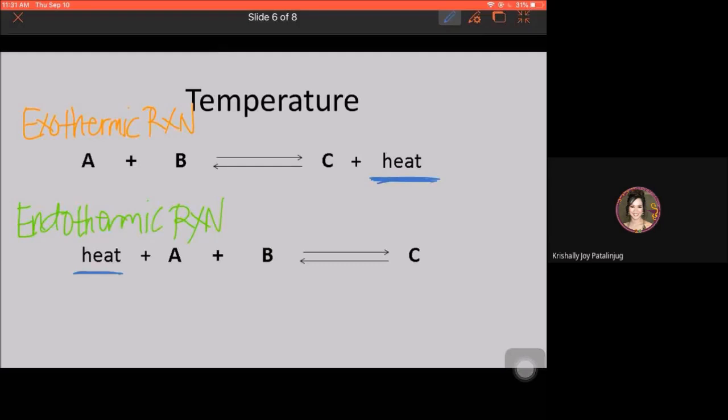In an endothermic reaction, which absorbs heat energy, the heat energy will be part of the reactant side.